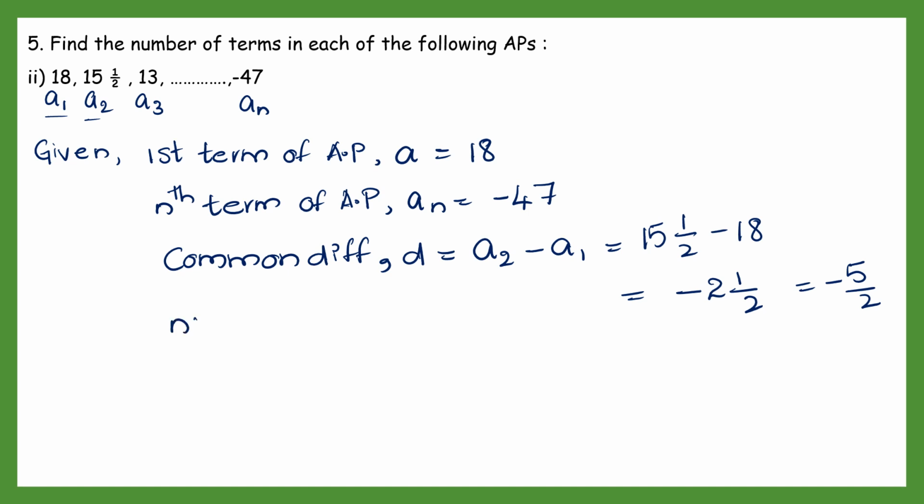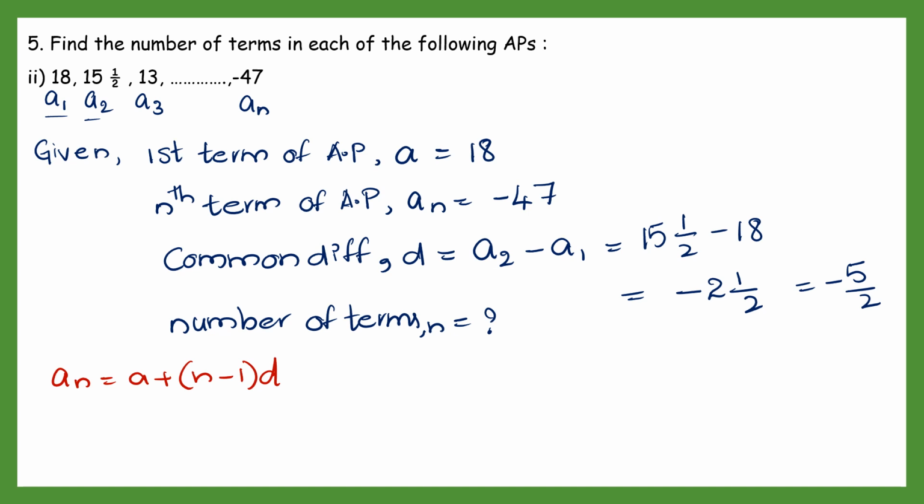We need to find number of terms. Number of terms n is equal to question mark. How can we find? We know the formula: An is equal to A plus n minus 1 into D. Let's substitute the values now. An is nth term, it is given as minus 47, equal to A, that is first term 18, plus n minus 1.